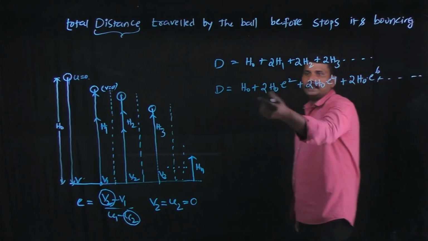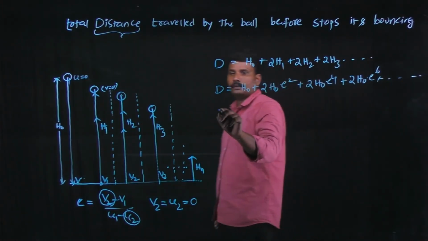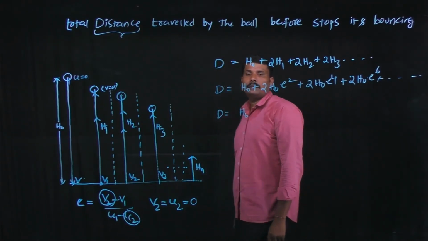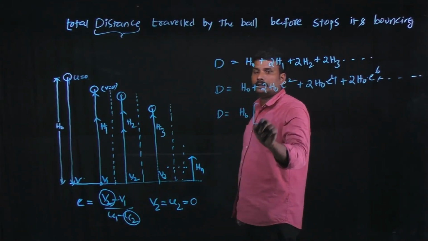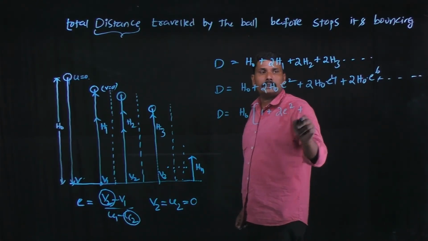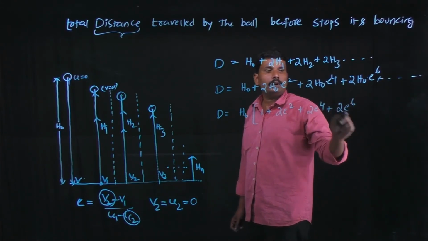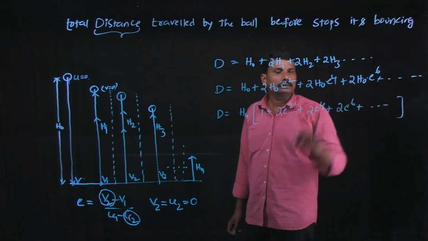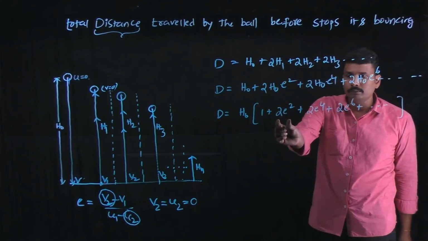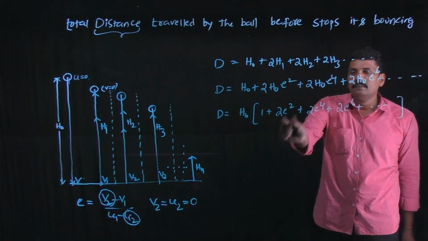By observing this series, there is a common term h naught. By getting common h naught, it is d equals to h naught into 1 plus 2 e square plus 2 e power 4 plus 2 e power 6 plus and so on. Okay, and from the second term there is a common term like 2e square.